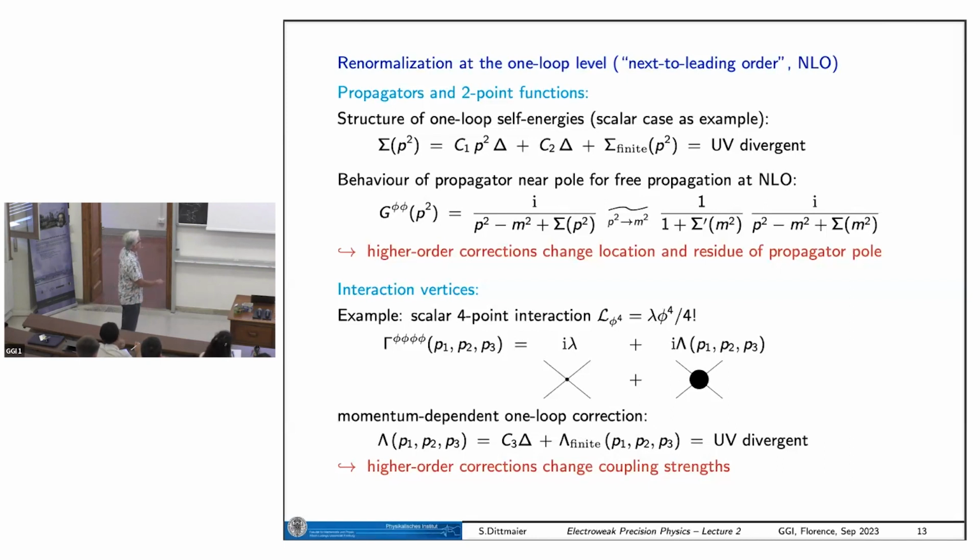I start just with this kind of 2-point function business, namely, for example, here as indicated by a self energy, so corrections like this. And if you just do these integrals, you saw that this standard one loop piece is always appearing. Now you can isolate it.